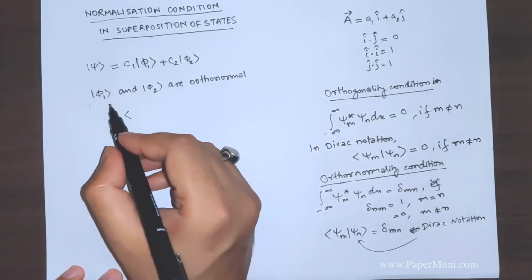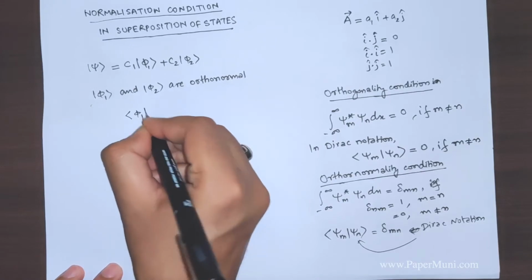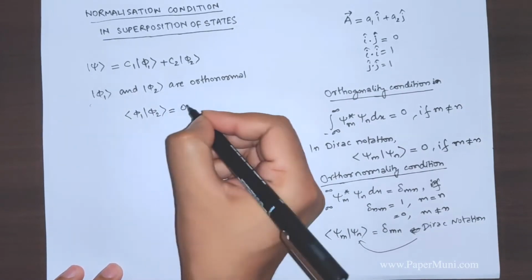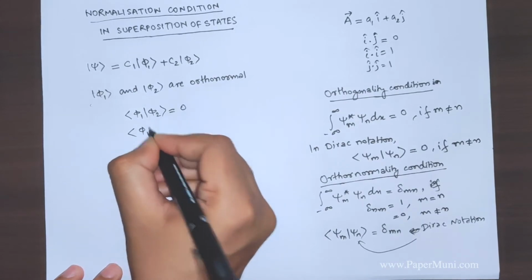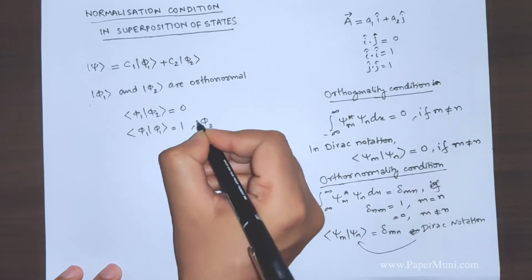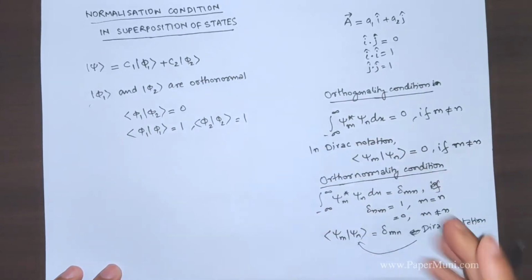So when we say that phi1 and phi2 are orthonormal, this means that the scalar product of phi1 and phi2 is 0, phi1 with phi1 is 1, and phi2 with phi2 is 1.